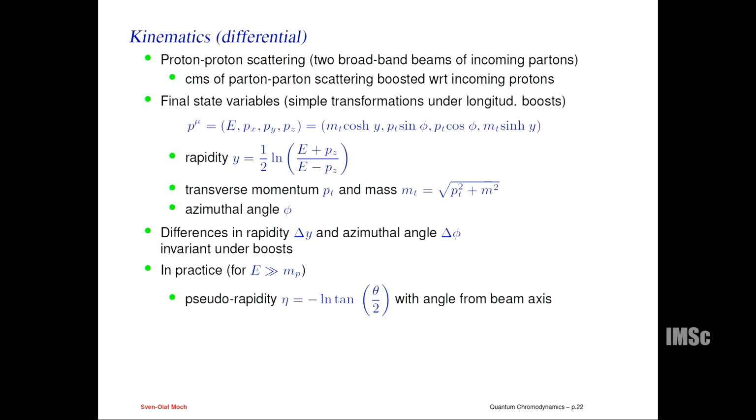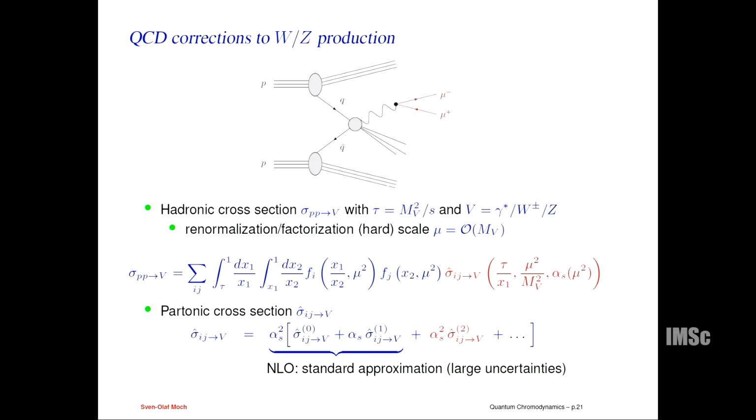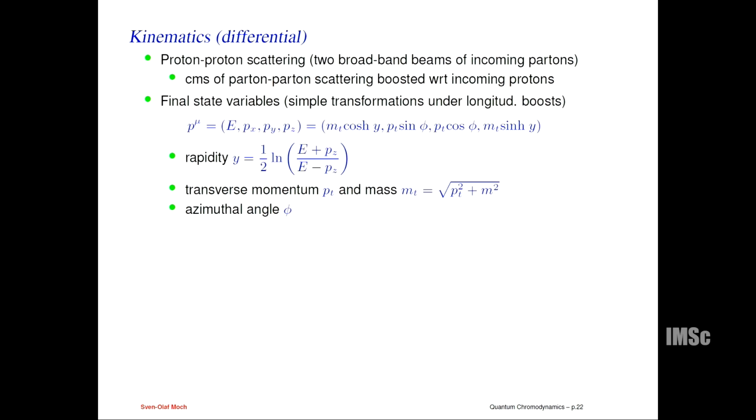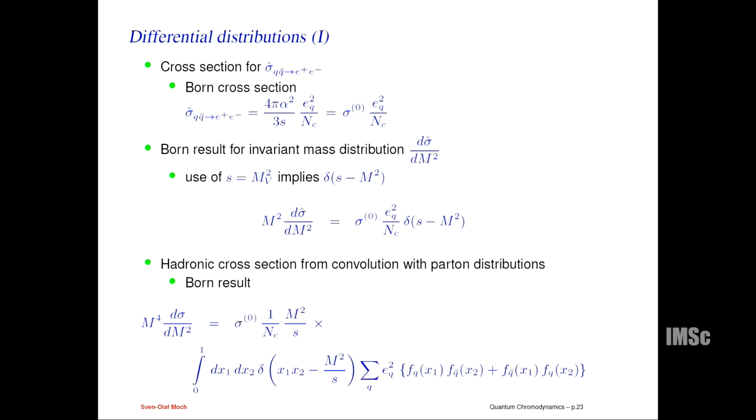That means if we stick in a delta function constraint into our formula, then the leading order cross-section simplifies, and we just get the product of the quark and the anti-quark parton distributions at the different momentum fractions x1 and x2.